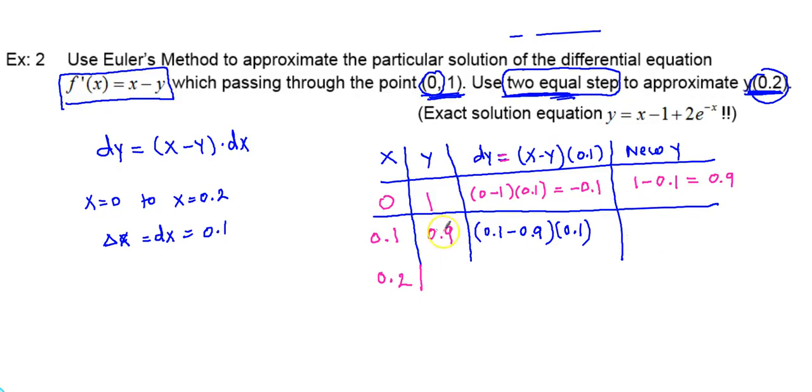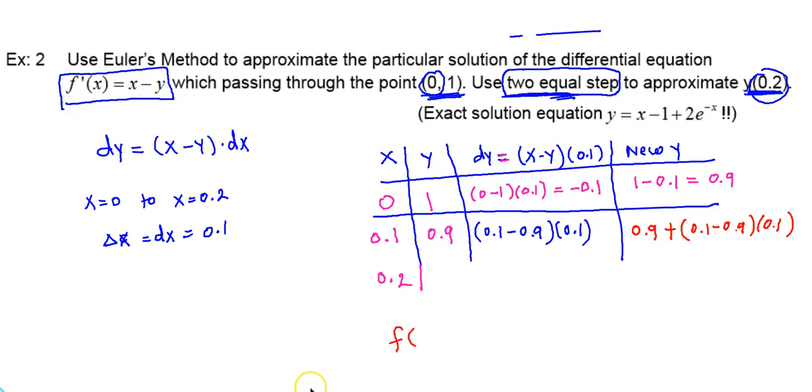My new y is the sum of these two. Like I said, we learn calculus, but we make a mistake. So my new y is 0.9 plus, just like Riemann sum, you do not have to simplify. I'm just writing 0.1 minus 0.9 times 0.1. This is my answer.